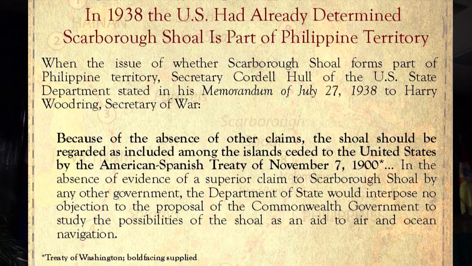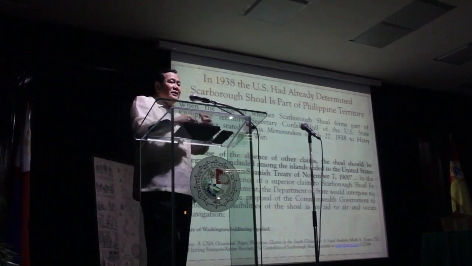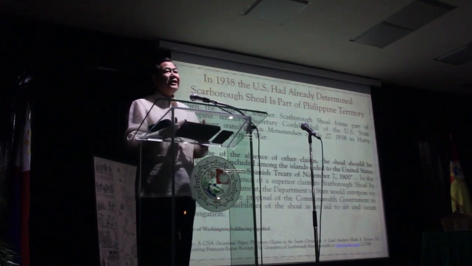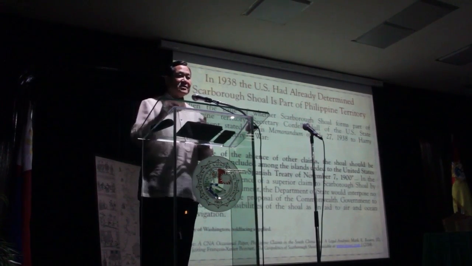He wrote a memorandum to the Secretary of War to inform the Philippine government that because of the absence of other claims, the shoal, Scarborough Shoal, should be regarded as included among the islands ceded to the U.S. by the American-Spanish Treaty of November 7, 1900. That's the Washington Treaty. So here is an express admission by the U.S. State Department that Scarborough Shoal belongs to the Philippines.